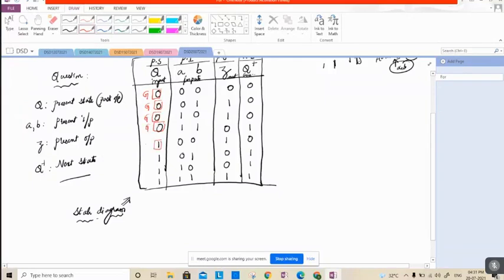Another one, let it be H. And here, this is G. This is H. Quickly draw a state diagram for this. Draw it quickly.